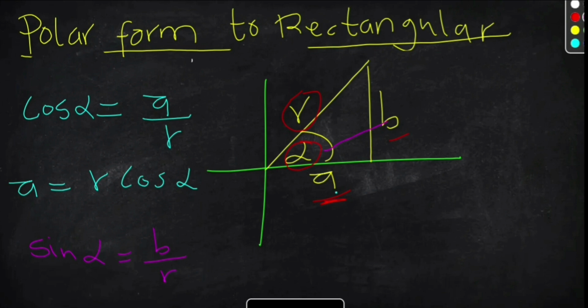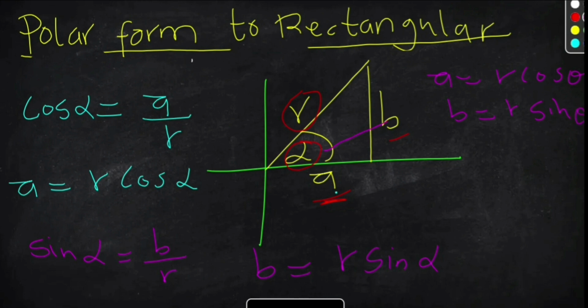So making B the subject, we have B equal to r sine alpha. So simply, A is equal to r cos theta and B is equal to r sine theta.